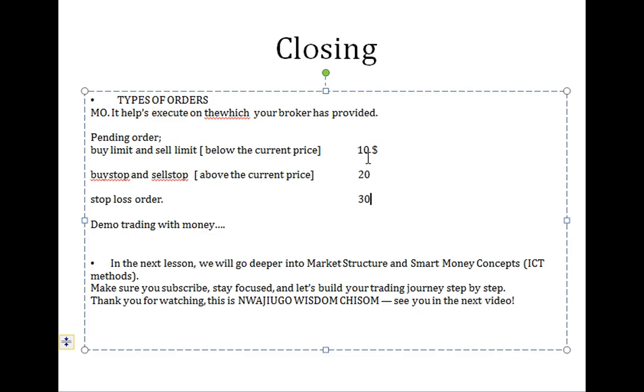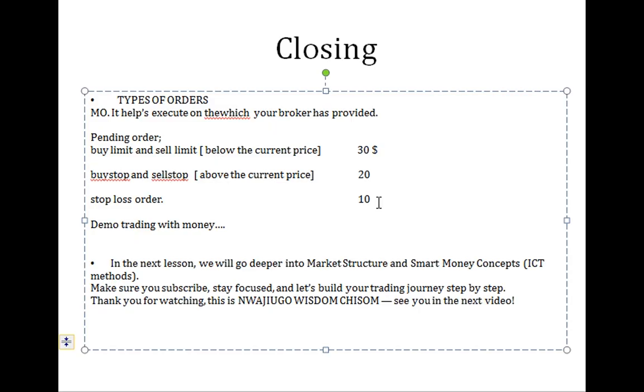But let's reverse it very well. 3, 2, 1. You want the price to come down. You can't buy at the high price. You want the market to come down to $10, which is the low price. Then you can buy there.